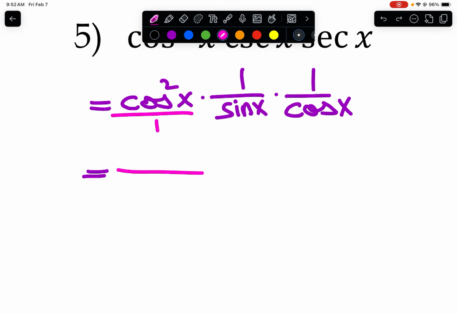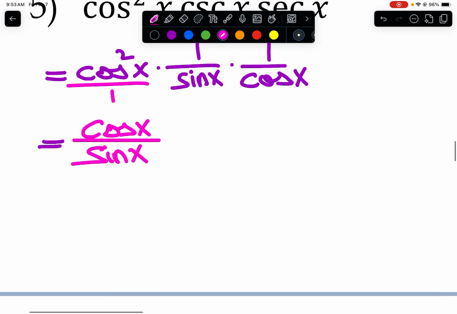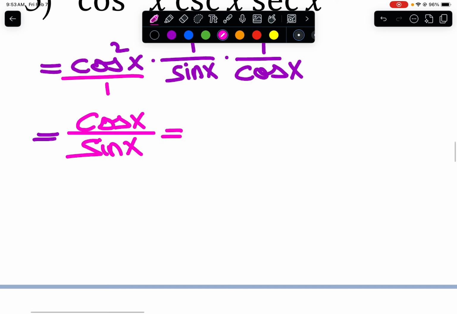So when I simplify, one of the cosines in the top is going to cancel with the cosine in the bottom, which means we only have 1 cosine in the top, and we still have a sine x in the bottom. So cosine x over sine x is going to simplify and become cotangent x.